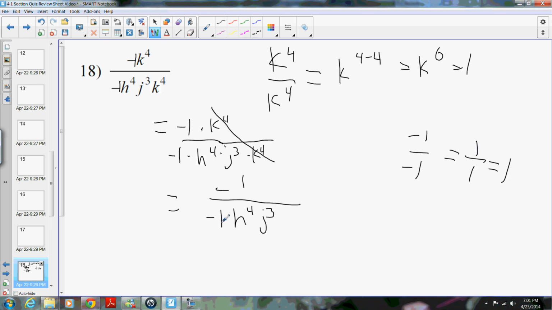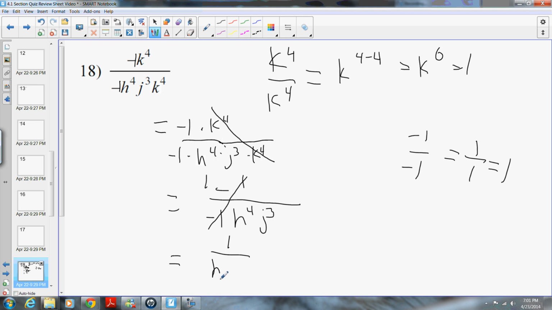So we can think about these coefficients as a number divided by itself, which divides to 1. Okay, good. So now, it's not that there's nothing that remains in the numerator. Just because we did the negative 1 divided by negative 1 and made it 1, the 1 remains. So my final answer, 1 over h to the fourth, j to the third for 18.